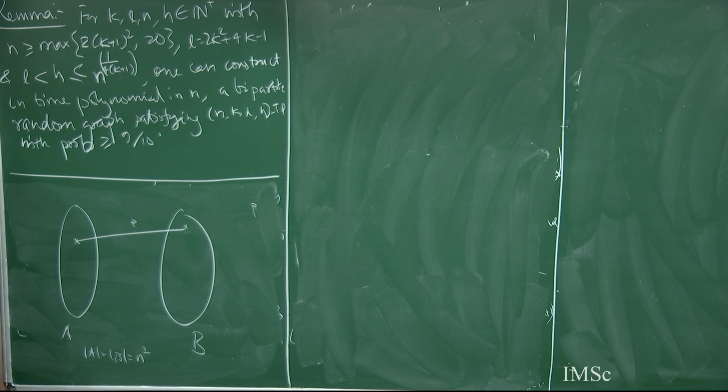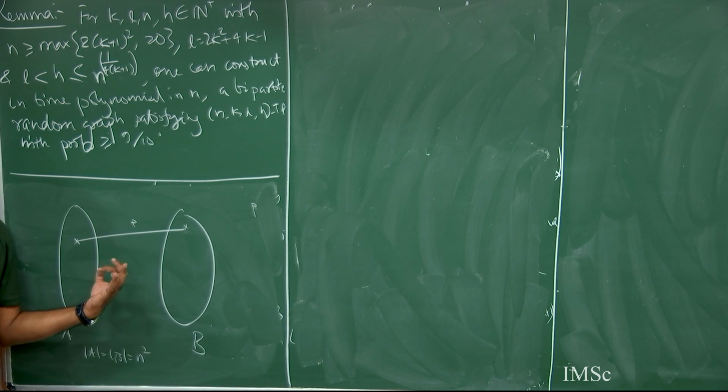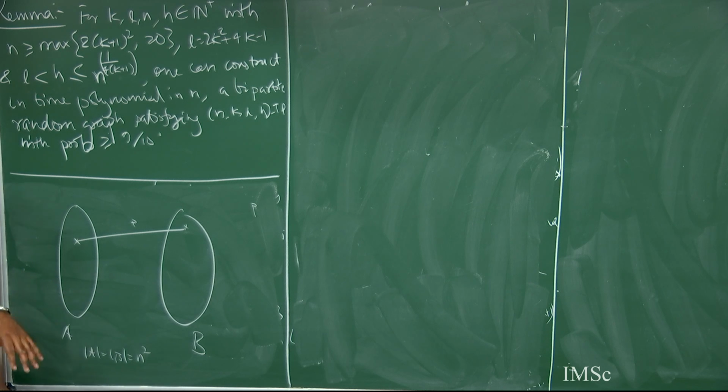So how do I construct my graph? On one side I put n square vertices, on B I put another n square vertices, and for every pair I put an edge with probability P, which we will fix later. This constructs my graph AB, but it does not give you a partition.